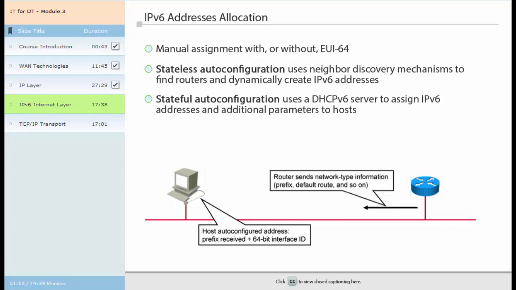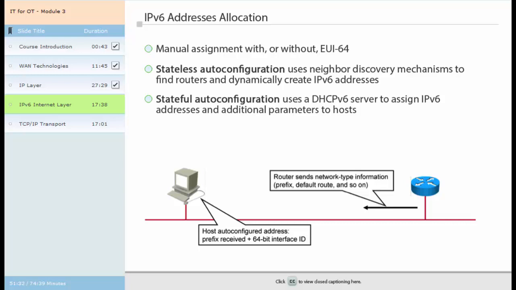Having a much larger address space available, IPv6 engineers designed a way to enable auto-configuration of addresses while still keeping global uniqueness. A router on the local link will send network information, such as the prefix of the local link and the default route, to all of the nodes on the local link.